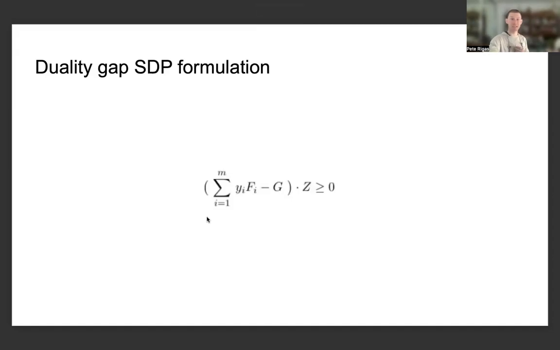And the dual gap SDP formulation really encapsulates whether there can actually be prospective quantum advantage for a game in the first place.